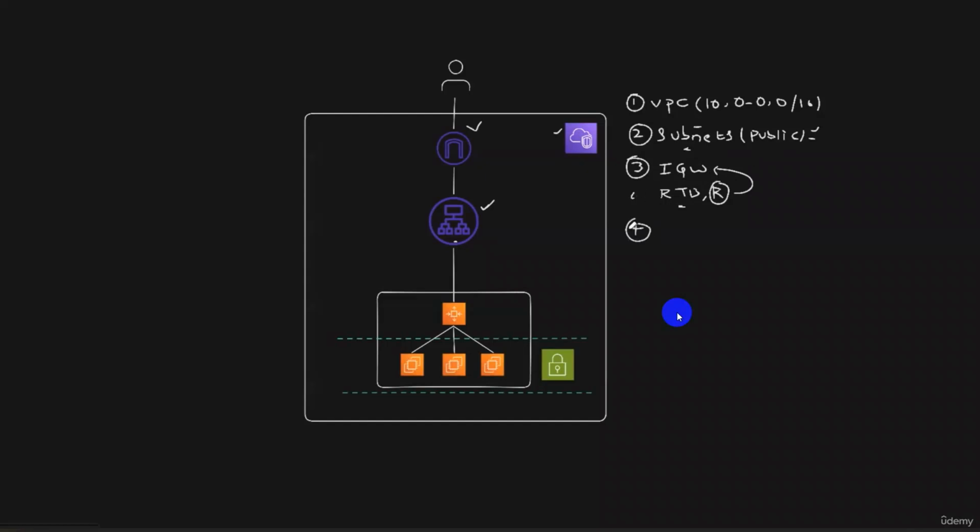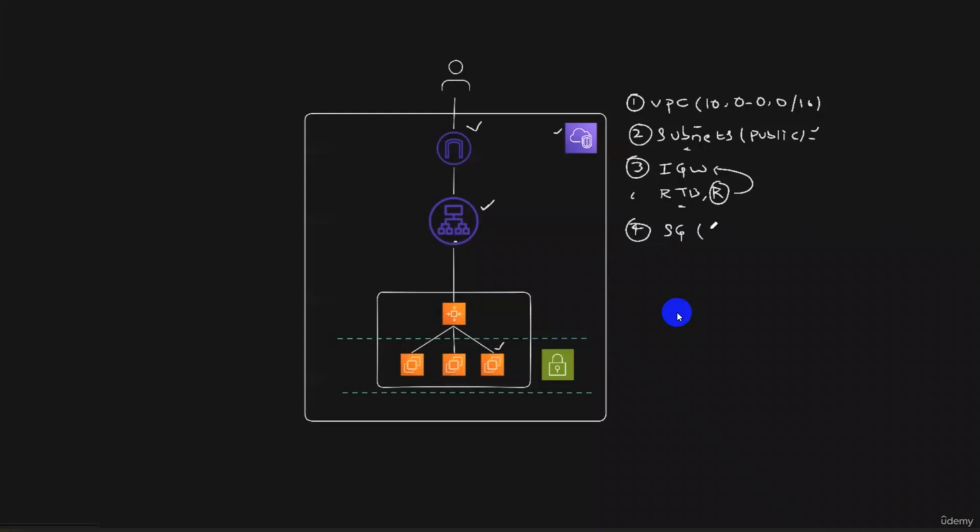And once we have the subnet, internet gateway, route table, route, the core networking created, then we will create security group. So the reason for creating security group, let's say there is any issue with the virtual machines, or let's say there is any issue with the model deployment, we want to log into this virtual machine or connect to it and troubleshoot the issue.